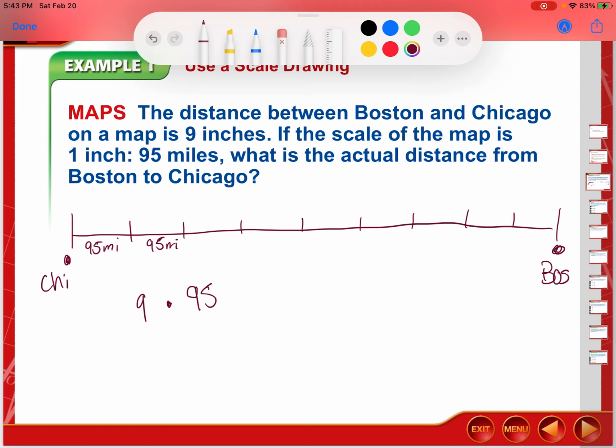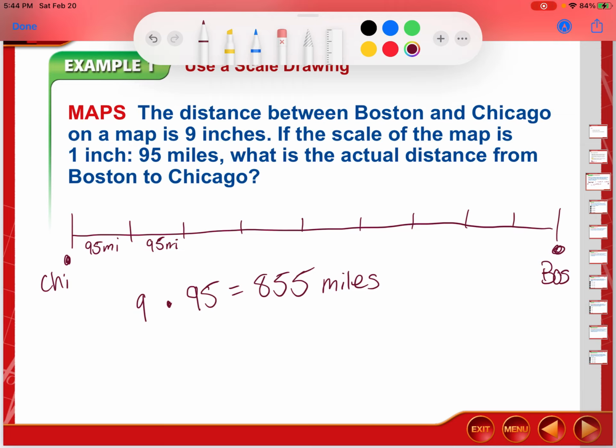So 9 times 95 is going to equal my total distance, which I believe would be 855. Yeah, 855 miles.